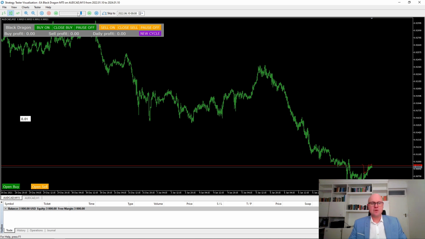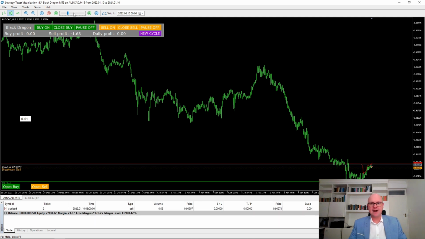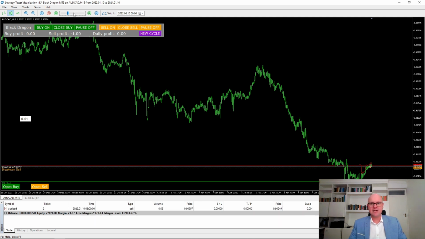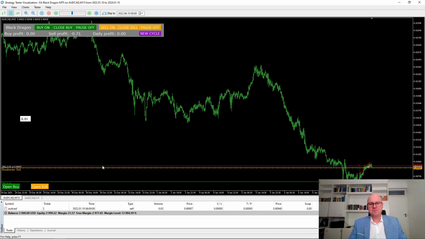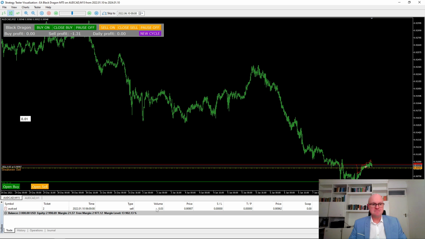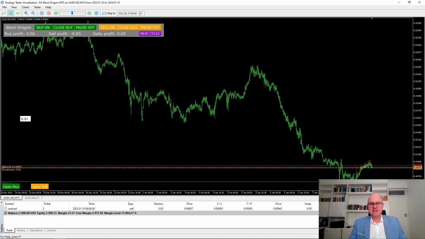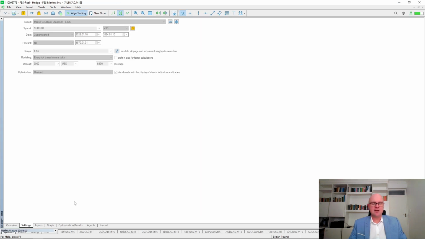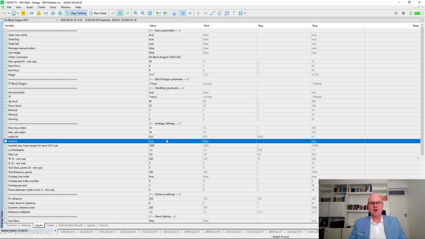So now that we look at the strategy test, we've set the auto lot to enabled and we're using 1,000 on a $3,000 account. It means either the first buy or sell will be 0.03. So instead of using a 0.01 fixed lot like we've been using so far, as the account balance grows, larger and larger lots will be used according to using that as true.